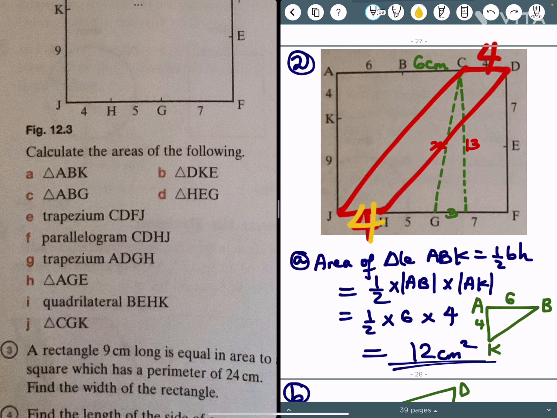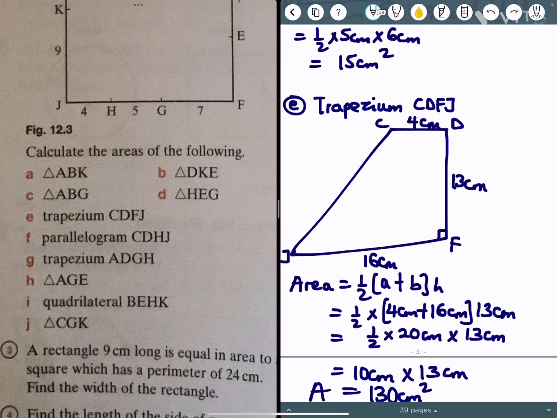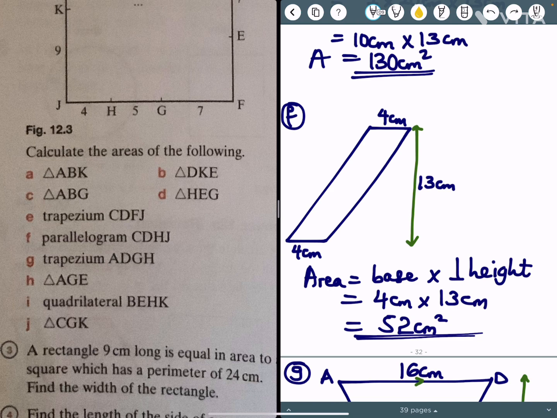I don't need all sides. Having known that this side is 4, I can just do base times perpendicular height to get my area. This is the perpendicular height of the parallelogram, which is 13. So 4 times 13 gives 52 centimeters squared.